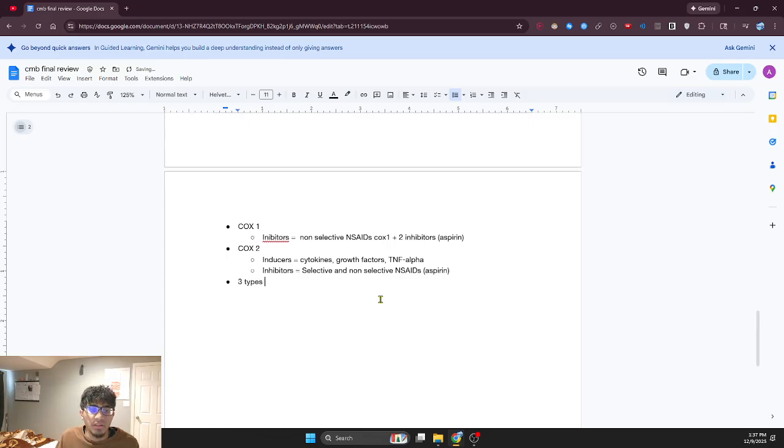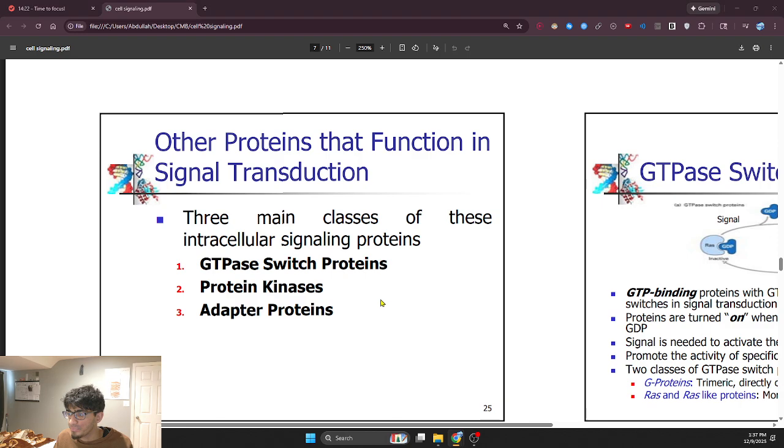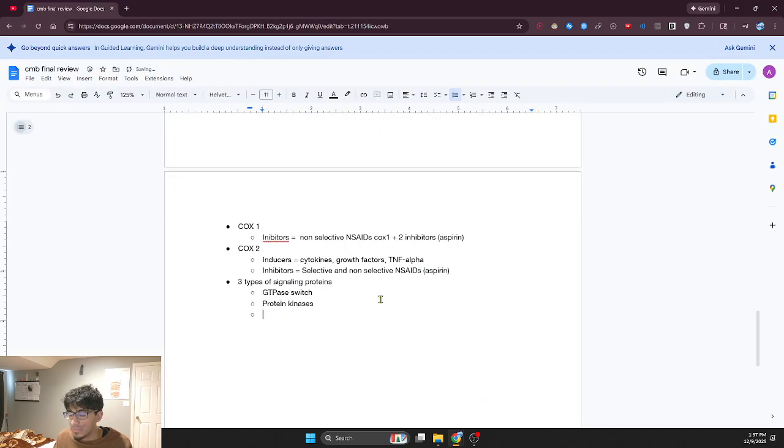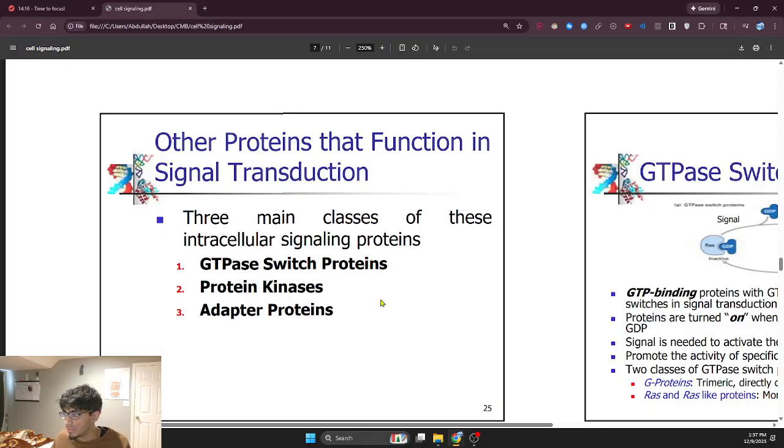There's 3 types of signaling proteins. It's GTPase, protein kinase A, adapter proteins. Okay, this is actually pretty easy.